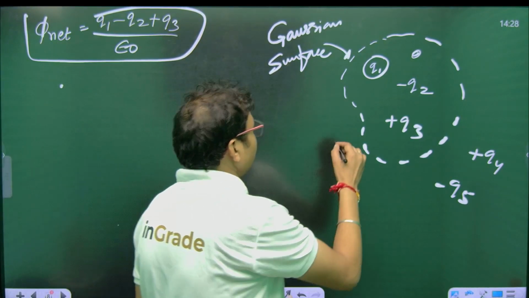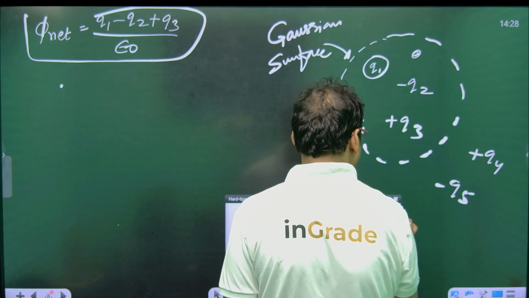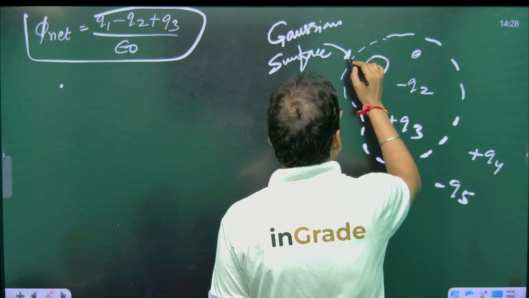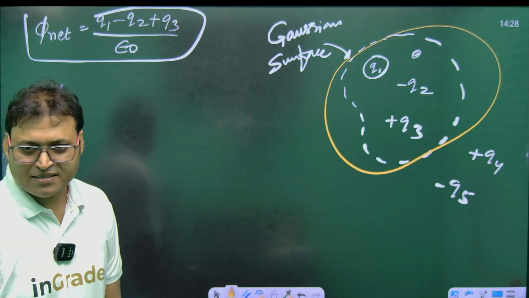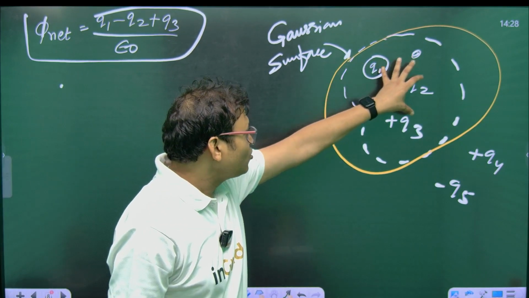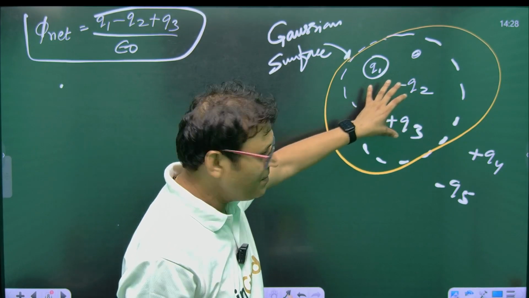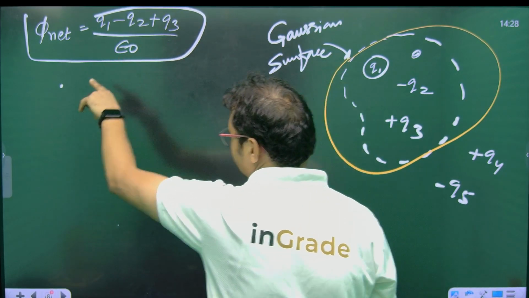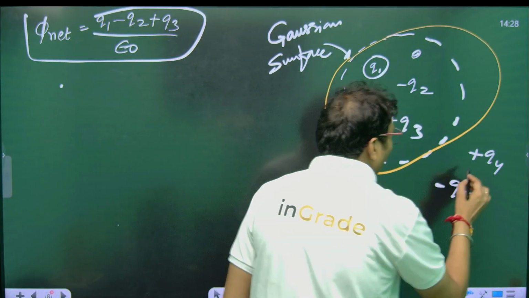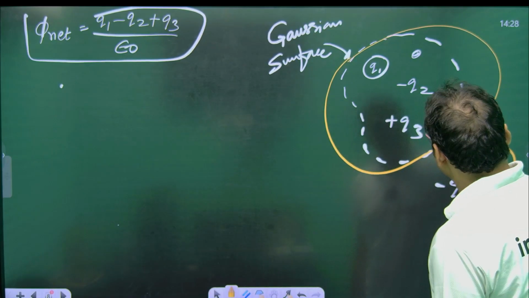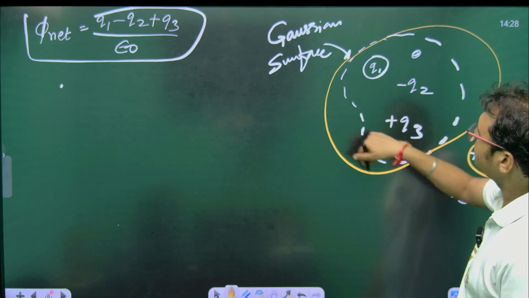It does not depend on the shape and size of the enclosure. Whether the Gaussian surface is like this, as long as the total charge enclosed remains the same, the net flux will remain the same. When the charge is outside the Gaussian surface, look why it does not contribute to the flux.